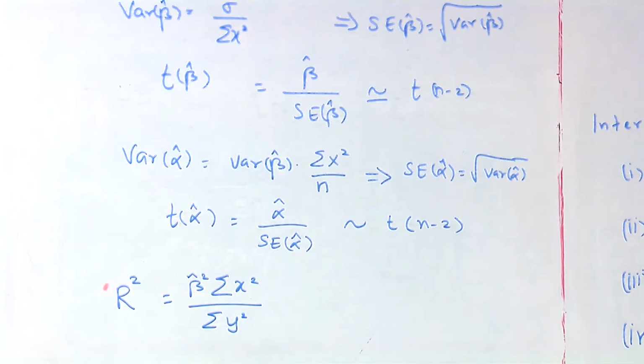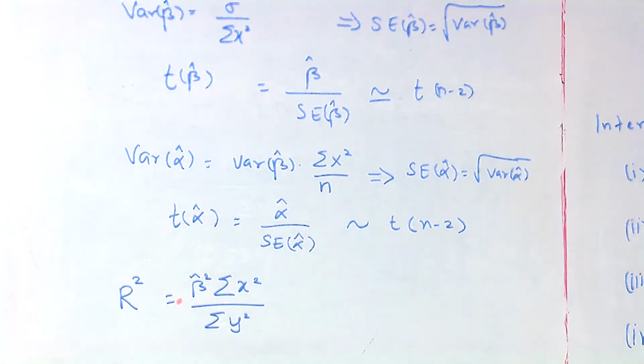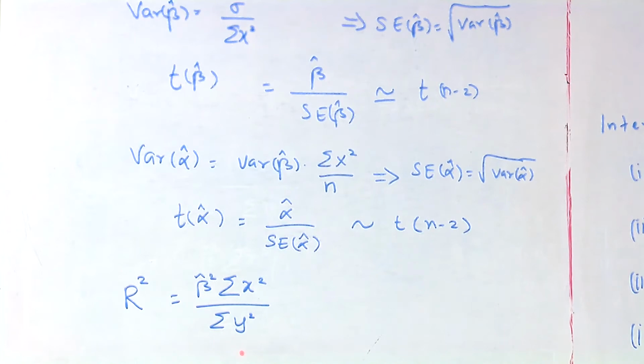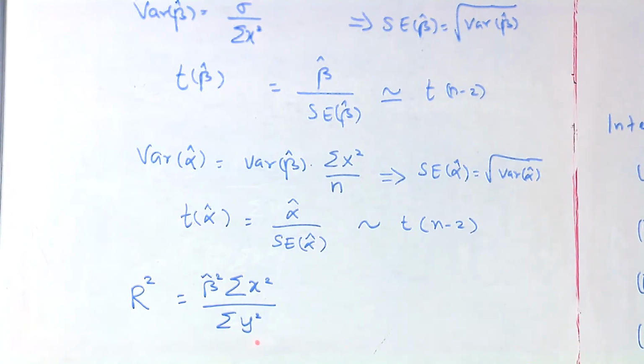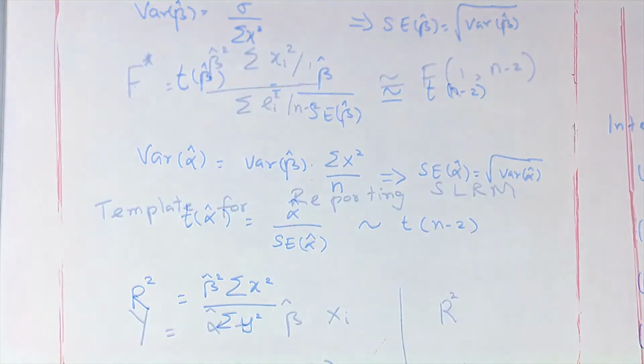And also we defined R square in our previous explanation. R square is equal to beta hat square sigma small x square divided by sigma small y square. This is a measure of the goodness of fit, or the proportion of variation explained by the model, or the correlation measure.